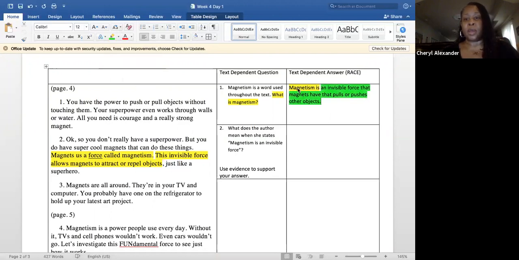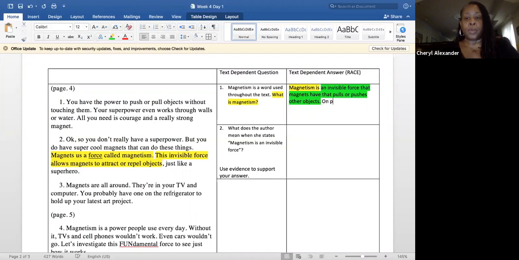So we've got the restating the question into answer form. Here's my answer. Now, of course, you know I've got to cite evidence from the text, and of course, we need to say where we got the evidence from.